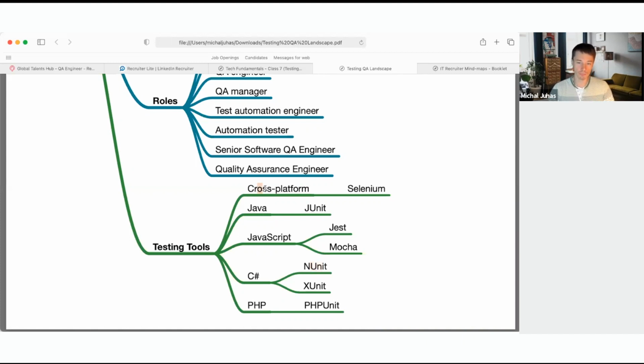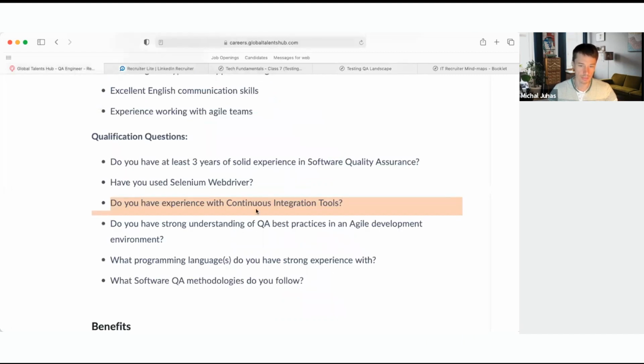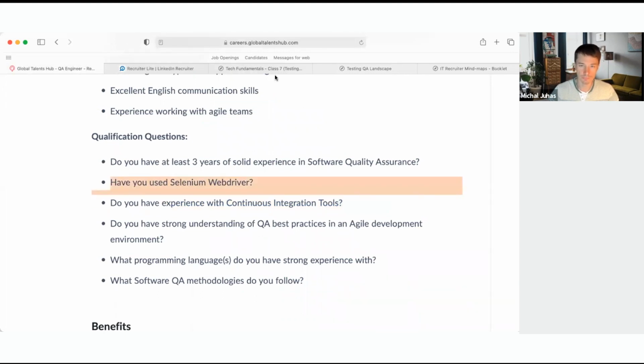But there is also some cross-platform tool called Selenium, and developers can use this Selenium framework in different languages also. So that's one of the few exceptions. And as you've seen, in this case, they use Selenium to test their applications.